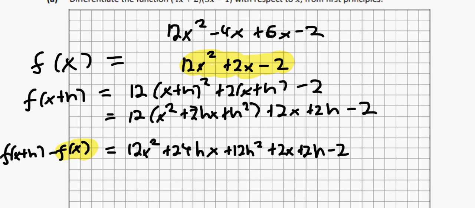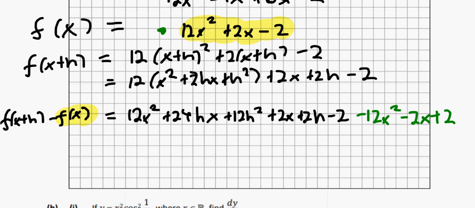And then we're going to take away f of x, so we're going to minus all of this. Okay, so we're going to minus all that, and it's going to be minus 12x squared minus 2x plus 2. And now what we're going to do on the next step is f of x plus h minus f of x all over h.